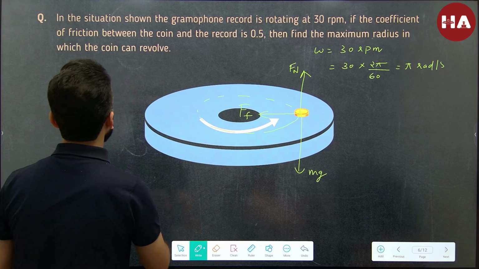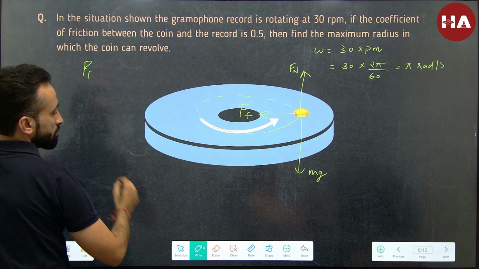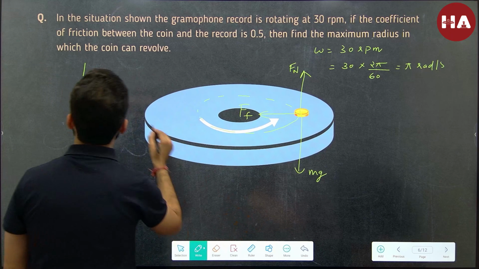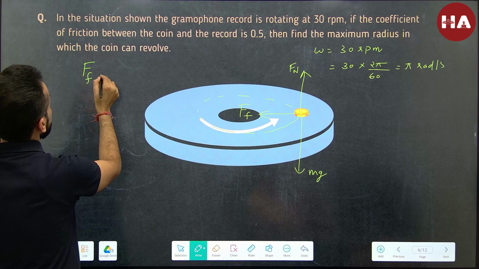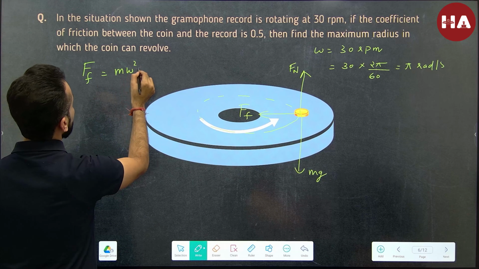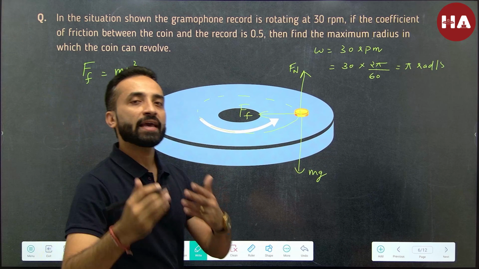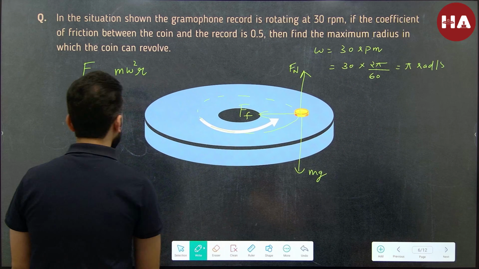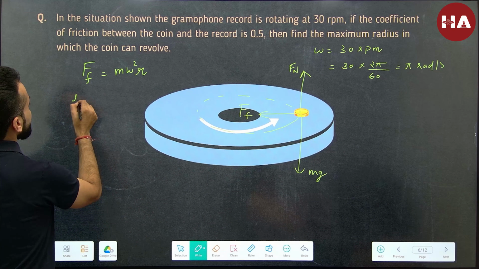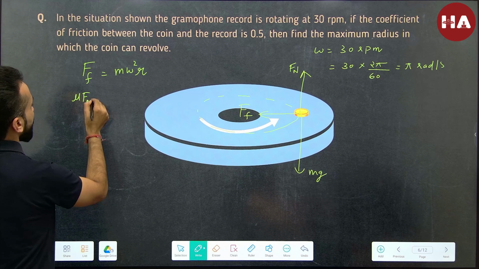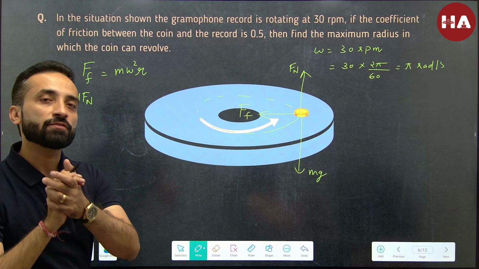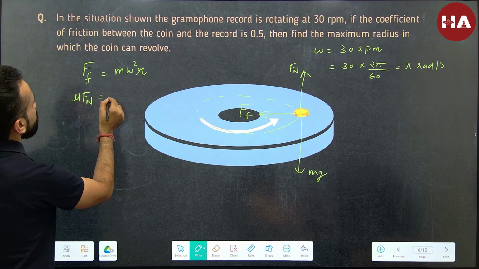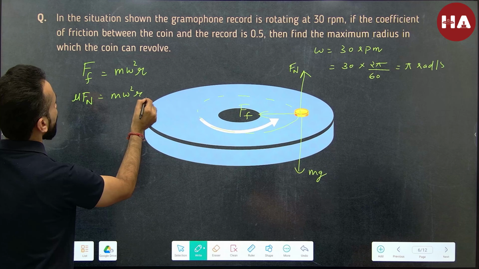So can we say that force of friction is going to provide this necessary centripetal force, which we have learnt can be written as m omega square r, isn't it? So this force of friction, the maximum value, if we talk about that, then that's the limiting value of friction, which is mu N, that should be equal to m omega square r.